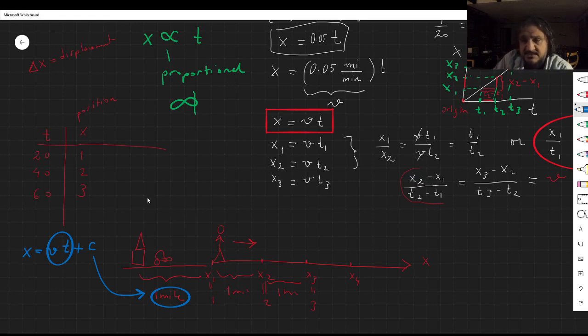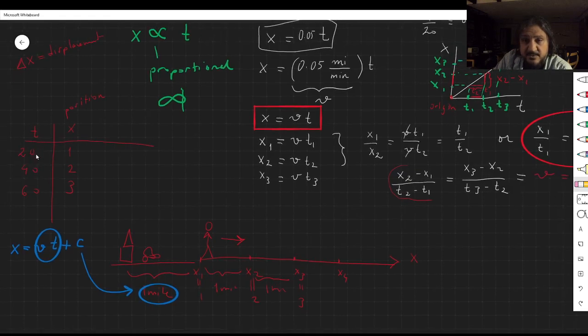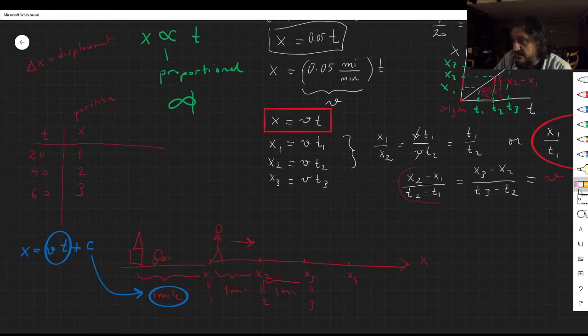So let's correct one thing though. Now the t values will not start from 20. It's going to start from 0 actually, because I said you start your stopwatch when you are at the beginning of the trail, right?